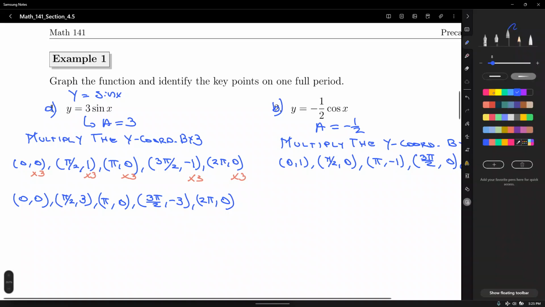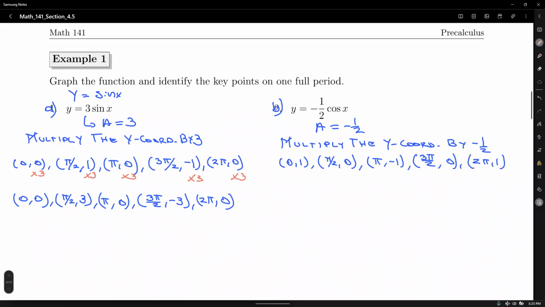Again, I'm going to denote this multiplication of the y coordinate times -1/2, right? Times -1/2. This guy times -1/2, times, the x means multiplication, it's not the variable x, and lastly times -1/2.